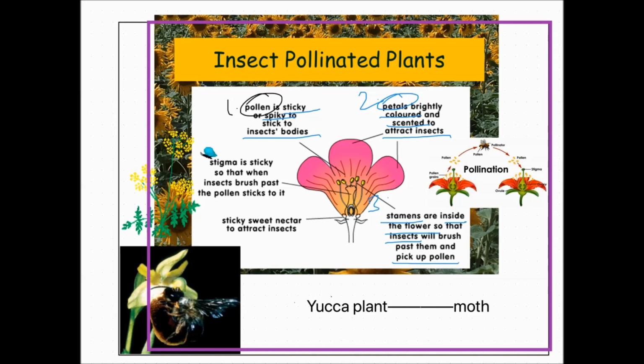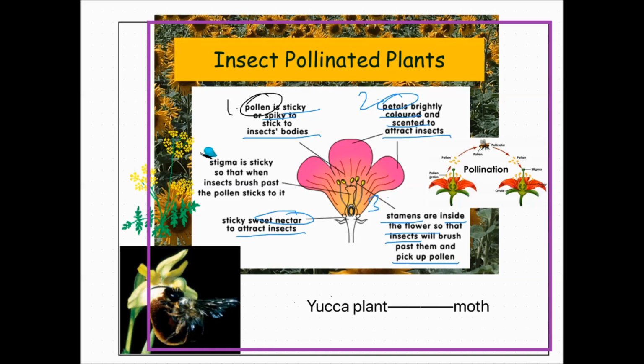Some of the insects eat or consume the pollen, and some of the insects suck the nectar, so there will be presence of nectar in the flower and it will attract the insects.